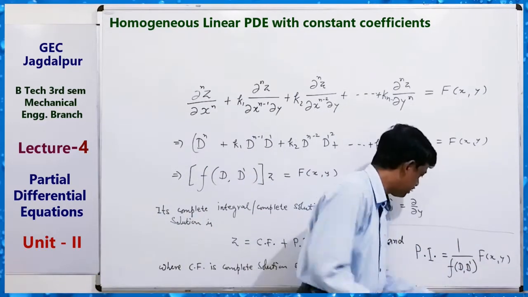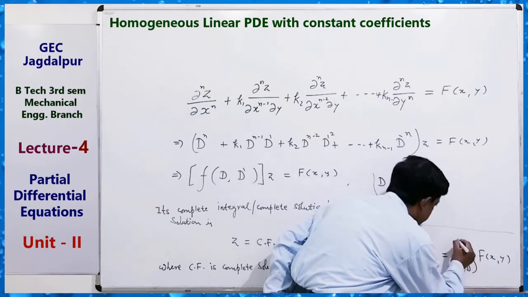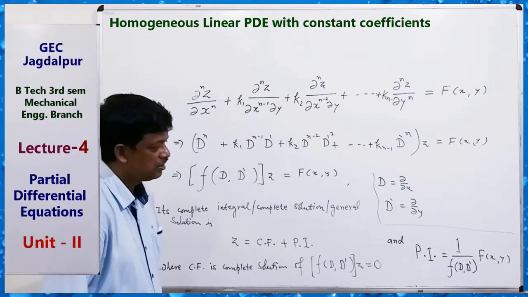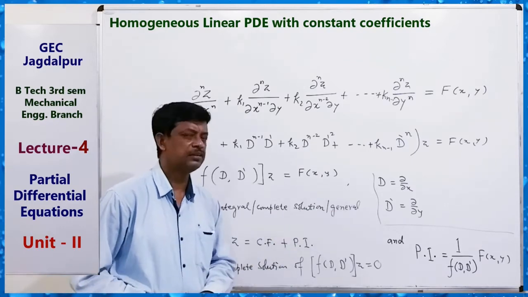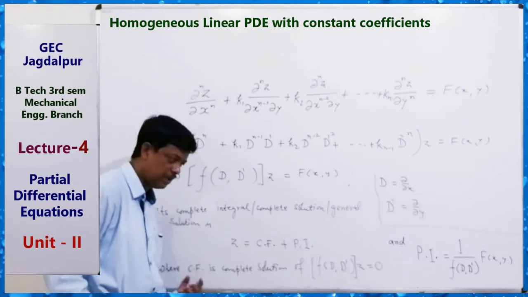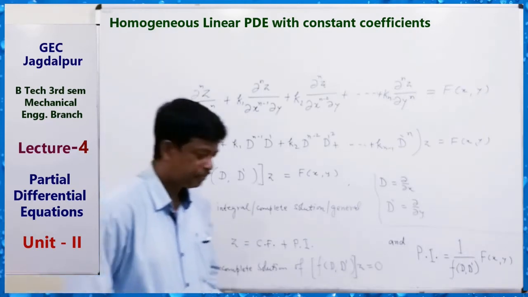For finding the particular integral, there is a special formula. By using that, we can find the value, and there is also a general formula. So first of all, we have to find the CF for the solution and then the PI. Okay.